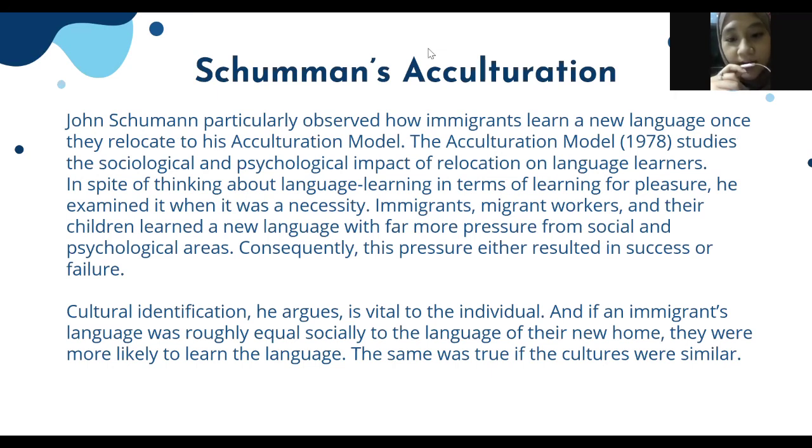Migrant workers and their children learn a new language with far more pressure from social and psychological areas. Consequently, this pressure resulted in the success of the following. Cultural identification, he argues, is vital to the individual, and if an immigrant's language was roughly equal socially to the language of their new home, they were more likely to learn the language. The same was true if the culture were similar.